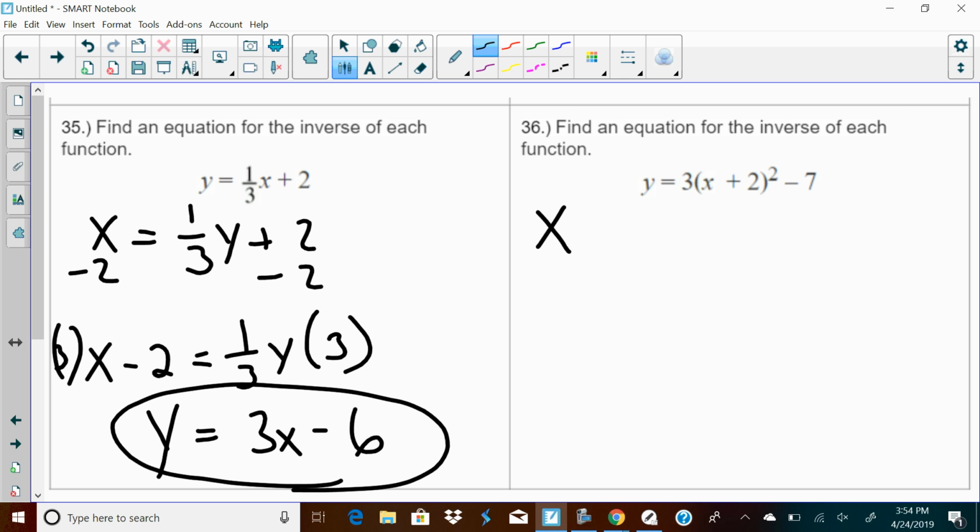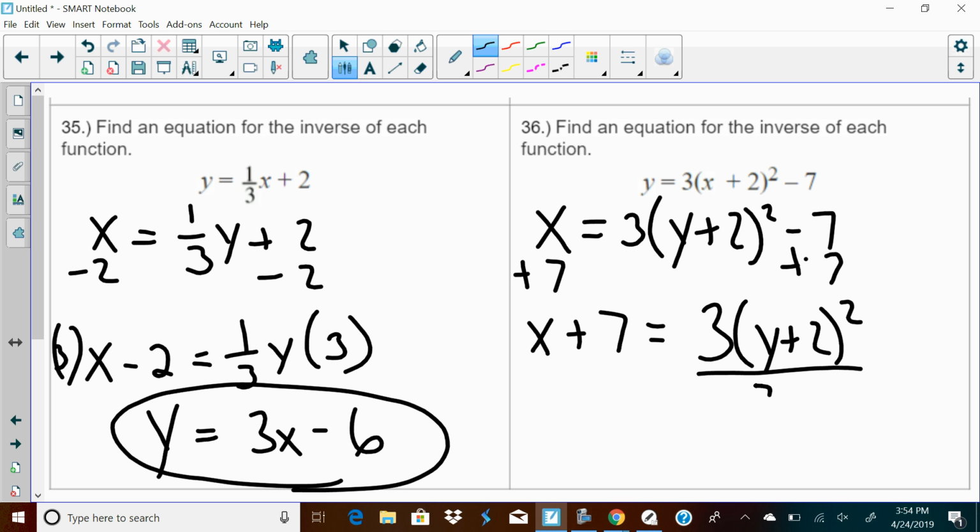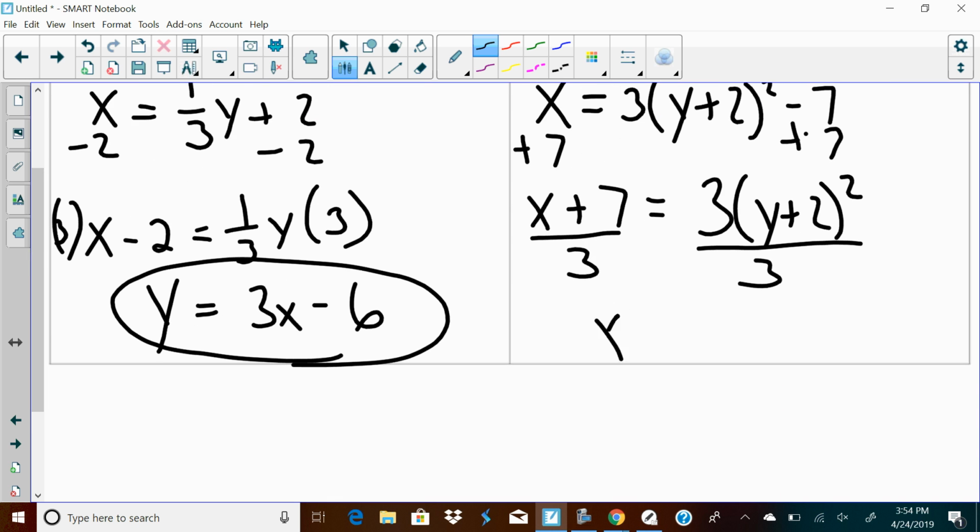36, again, I'm going to flip x and y. So x equals 3 times y plus 2 squared minus 7. I'm going to add 7 to both sides. So I divide both sides by 3. So I get x plus 7 divided by 3 equals y plus 2 squared.